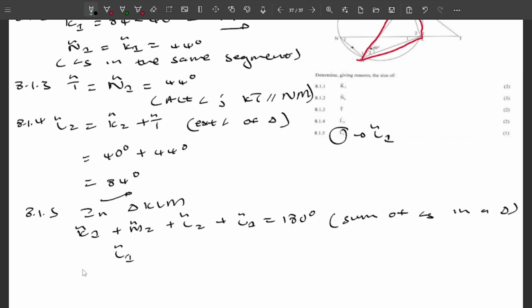Angle L1 is going to be 180 degrees minus the L2, which we just found, which is 84 degrees, minus the M2, which is 40 degrees, minus the K1, sorry, minus 44 degrees. Then angle L1, you can do it on your calculator, and you should be getting 12 degrees. So angle L1 is equal to 12 degrees.